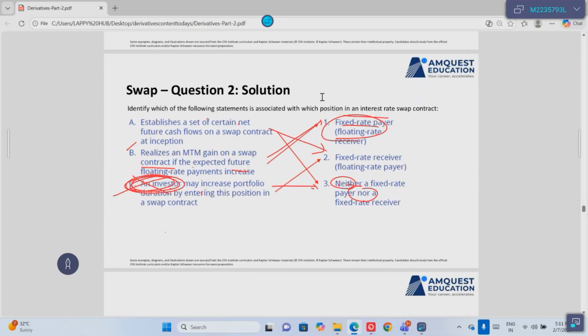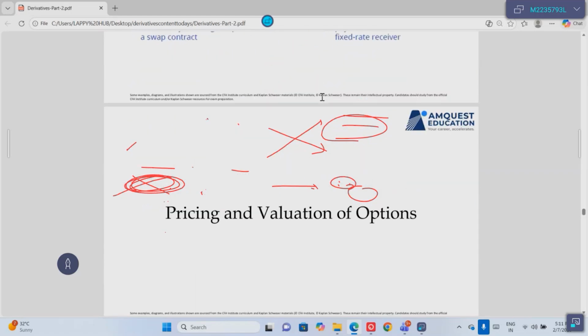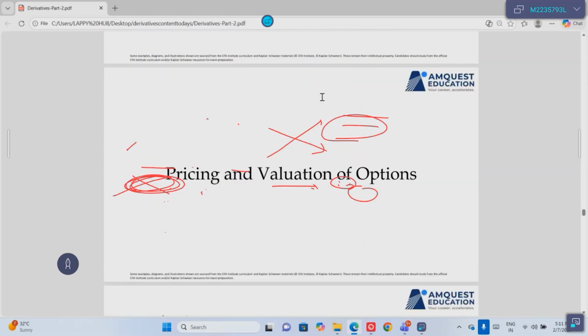They're saying duration can be increased by a fixed rate receiver. The duration of a contract can be increased by a floating rate payer. That's surprising. Okay, I'll take this one specifically later. I'll come back to you on that. Okay, the last one. All right.